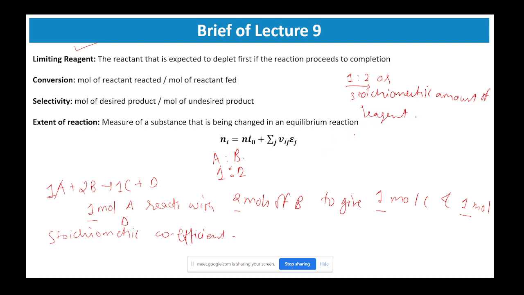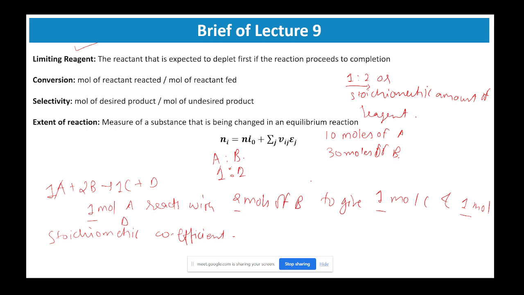There can be some more depending on the process variables. One reactant can be more or another reactant can be less. So for example, for this system, if I add 10 moles of A and 30 moles of B.